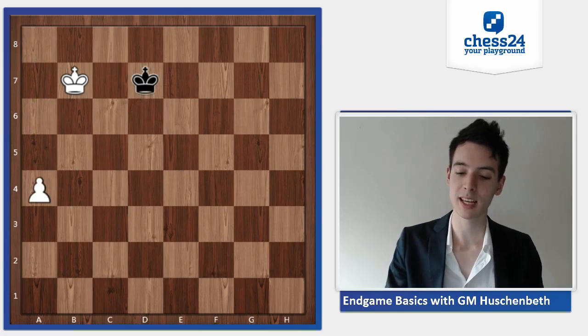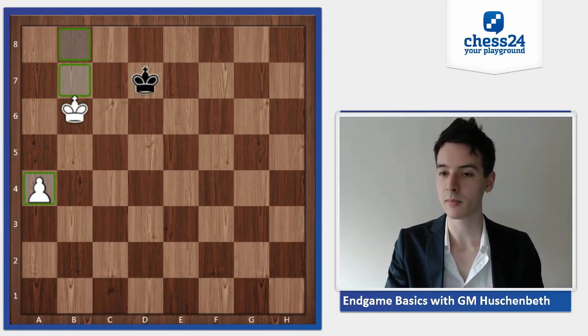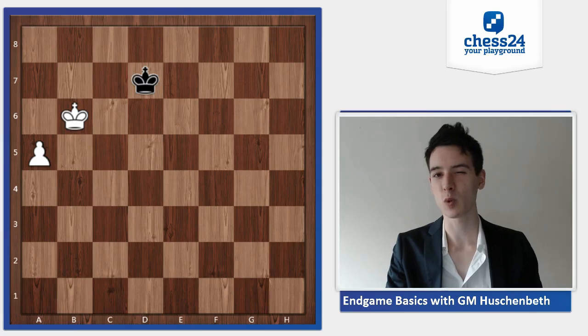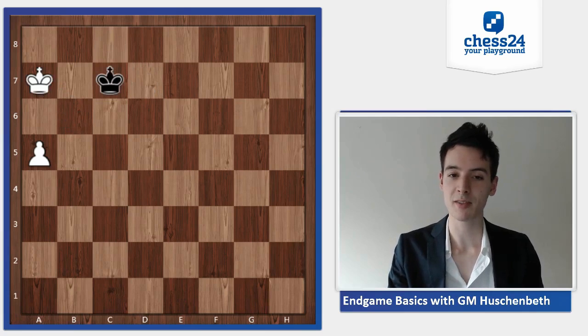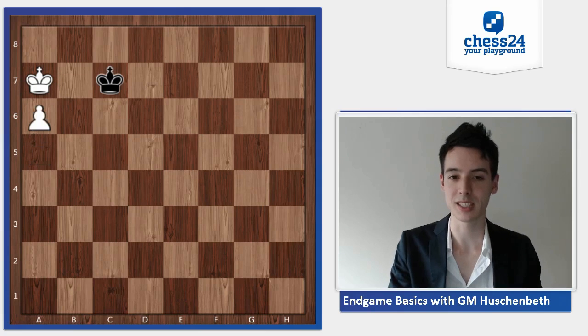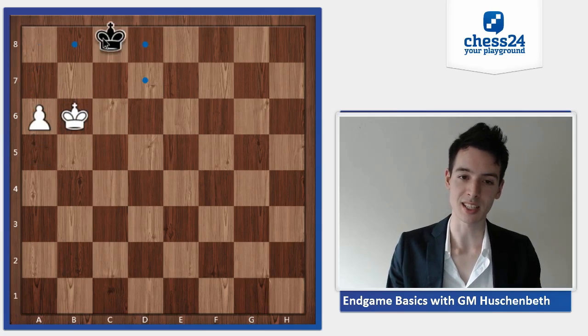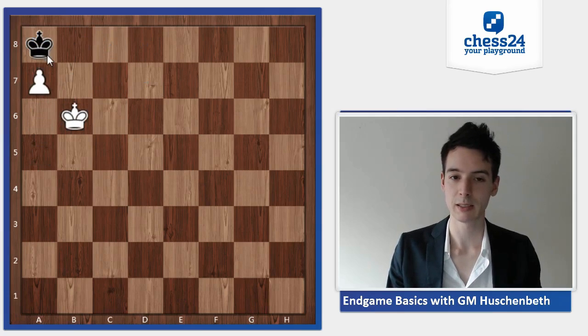And the point is that here a5 doesn't win because now black gets in front of the pawn. Oh well, maybe not necessarily, but if king a7, now you're missing a file on the left to put your king there, and the king is now stuck on the edge of the board, and you can see black is just not allowing the king out, and king b6 also doesn't help because here it's a draw too.